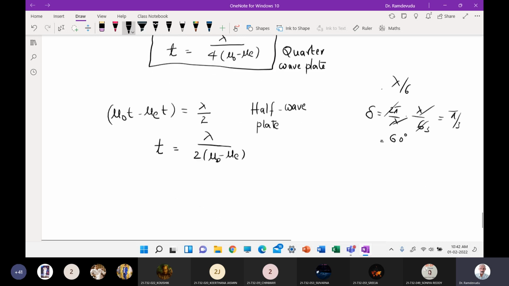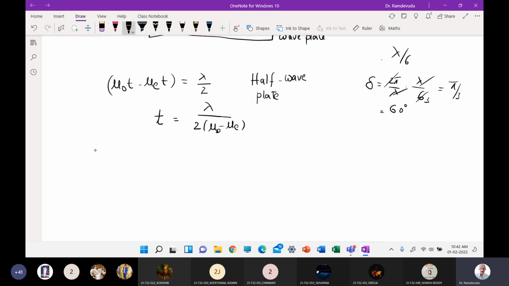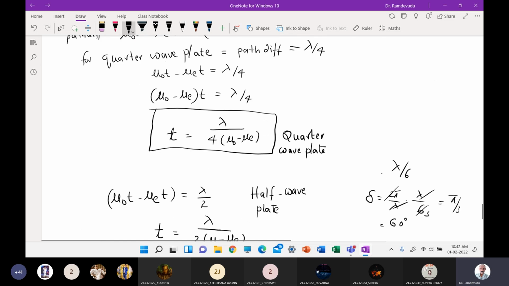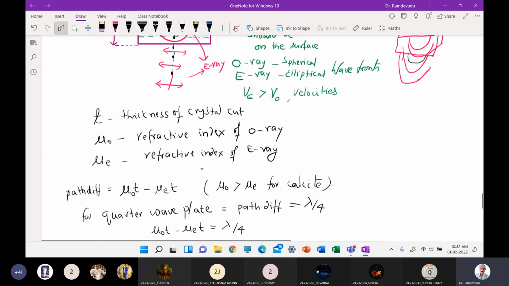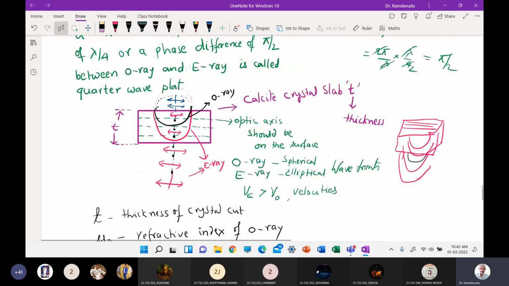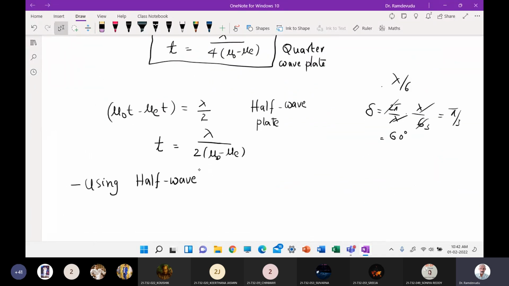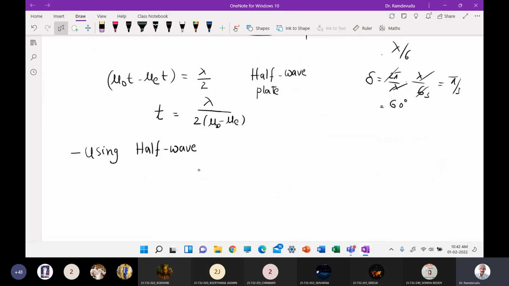What is the purpose of wave plates? I am not doing any derivation for the half wave plate, and I am also not writing the definition, but the question will be asked. Instead of explaining the action of a quarter wave plate, you have to write all the figures. The same figure you can draw for a half wave plate also. The same derivation you have to do, except that instead of path difference equal to lambda by 4, the path difference will be equal to lambda by 2.